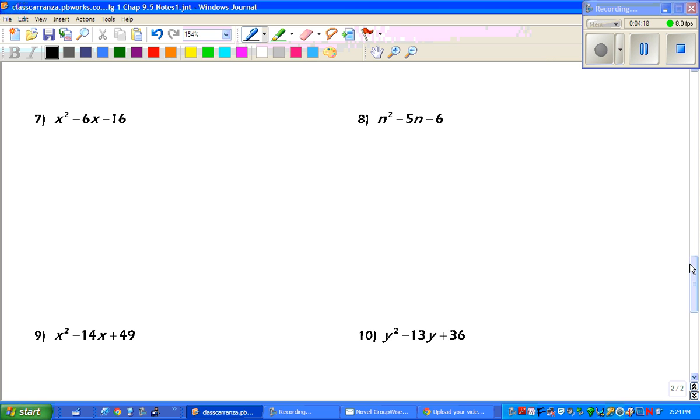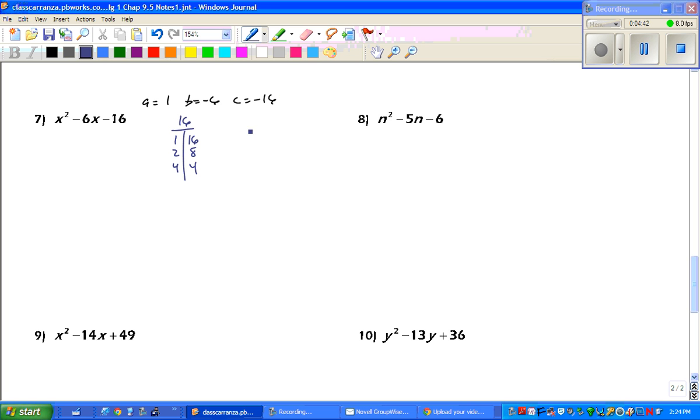All right, number 7. A is 1, B is negative 6, C is negative 16. So we want the factors of 16, which are just 1 and 16, 2 and 8, 4 and 4.